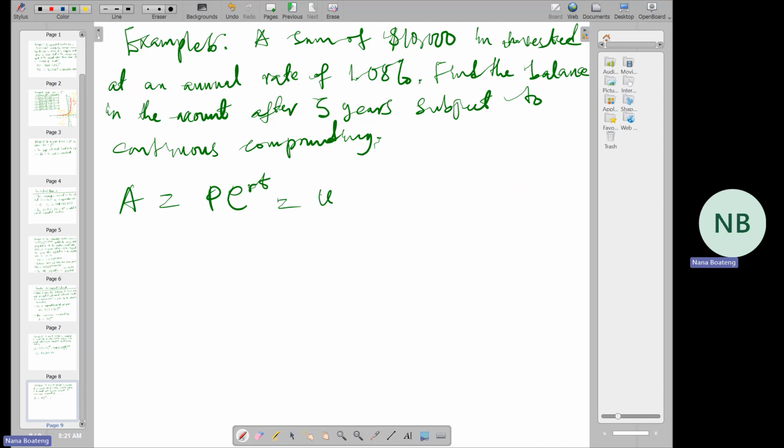So our P is 10,000, so 10,000 times e to the power, our R is 1.08%, so in decimal it is 0.0108, times T, which is 5. If we evaluate this, we get approximately 10,554.85. So almost the same as what we had for compounding 4 times in a year.